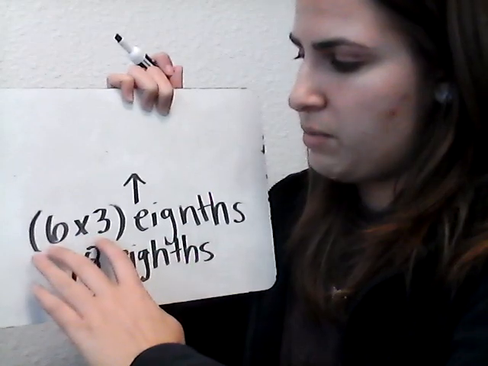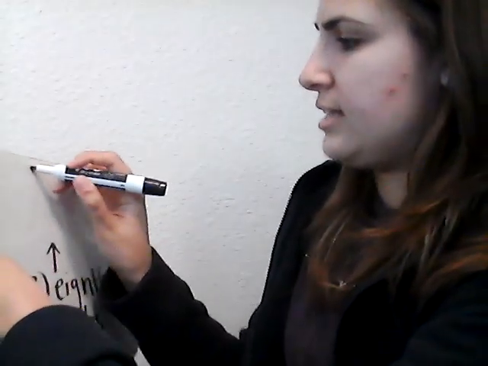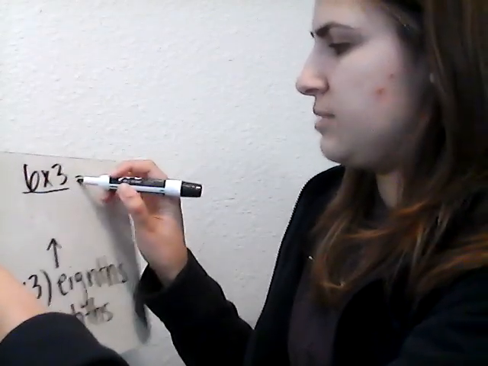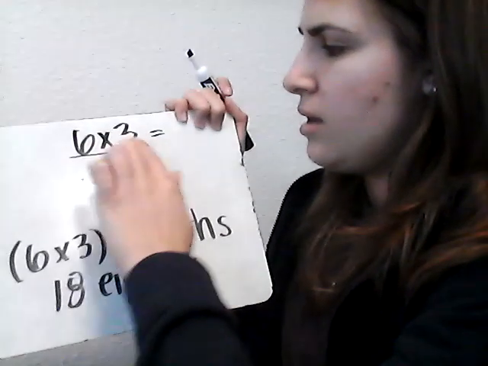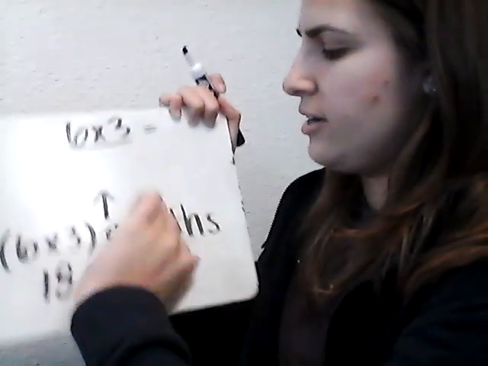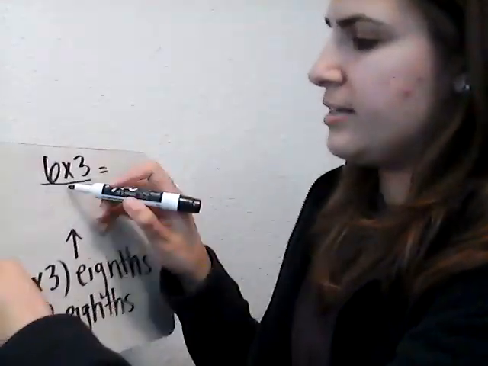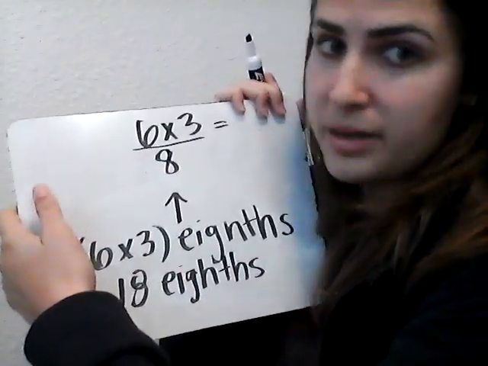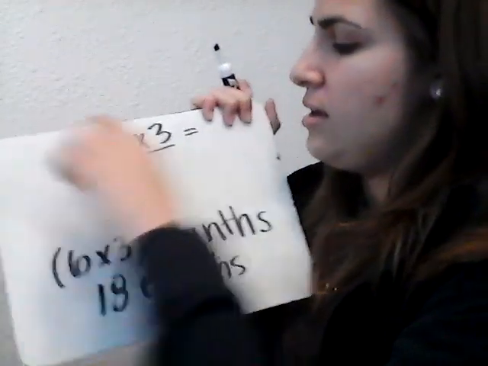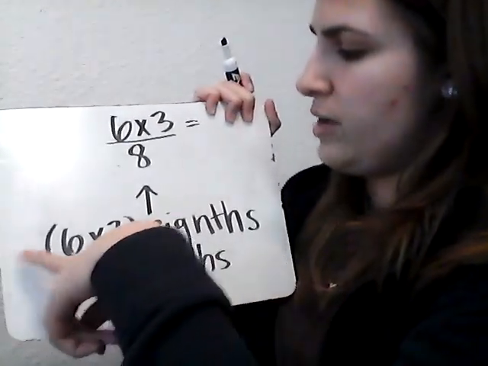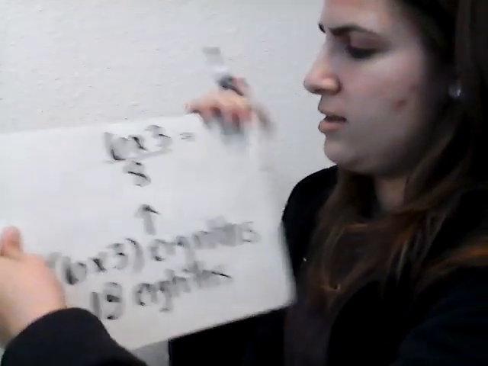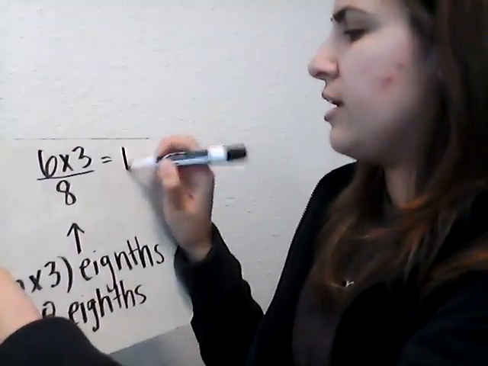So 6 times 3, that's going to stay together, and then our eighths is going to stay the same because the number of eighths was changing, but the denominator was not changing. So rewriting this using numbers would look like this: 6 times 3 eighths, and our answer again is 18 eighths.